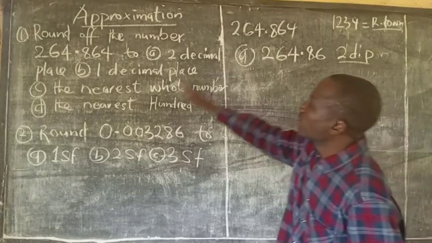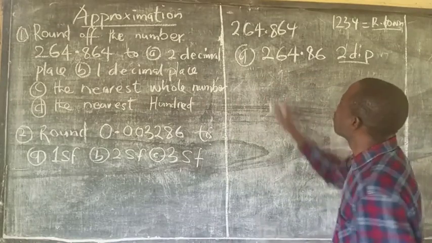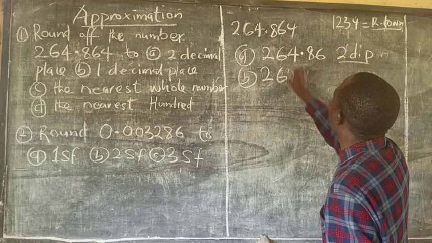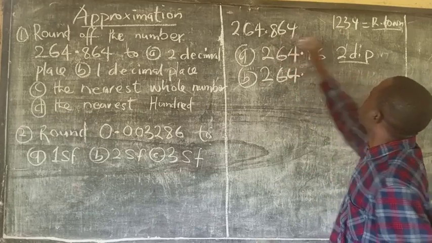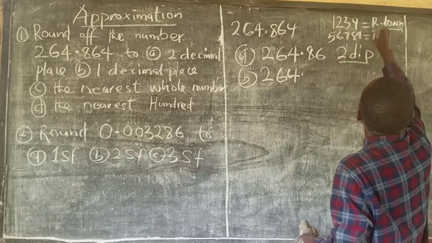And the second one says to 1 decimal place. I think by now you should be able to do this. To 1 decimal place, part B: if you write it to 1 decimal place, it becomes 264 point.